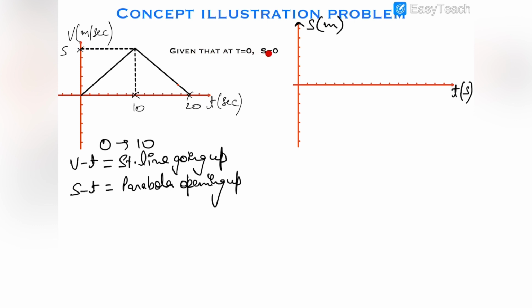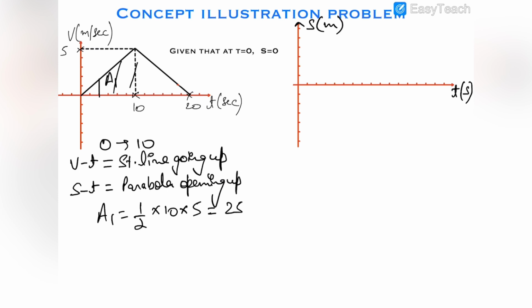So the initial starting point would be provided in the question, and the area of this graph, let's suppose this is A1. So A1 is half base into height. Base is 10, height is 5. So it would be 25.